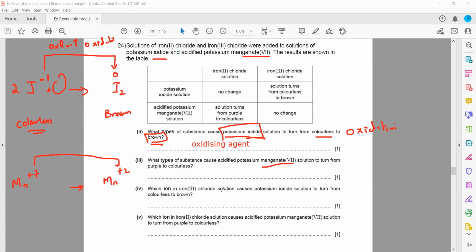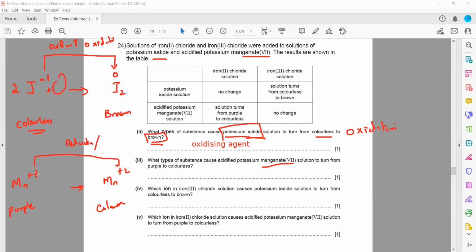Oxidizing agent is a general term, and in different reactions you have different types of oxidizing agents. So if we want to convert Mn7, which is purple in color, and Mn2 is colorless, this change is reduction because oxidation number decreases.